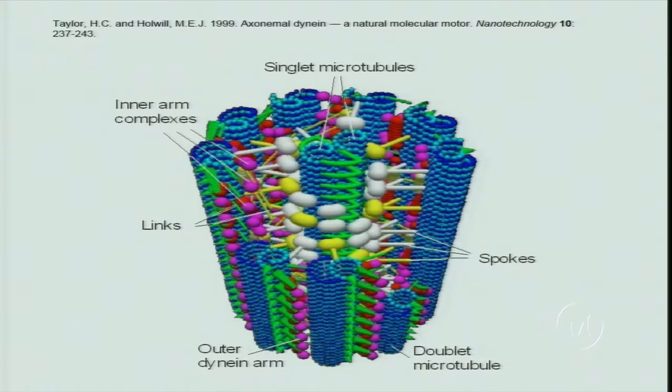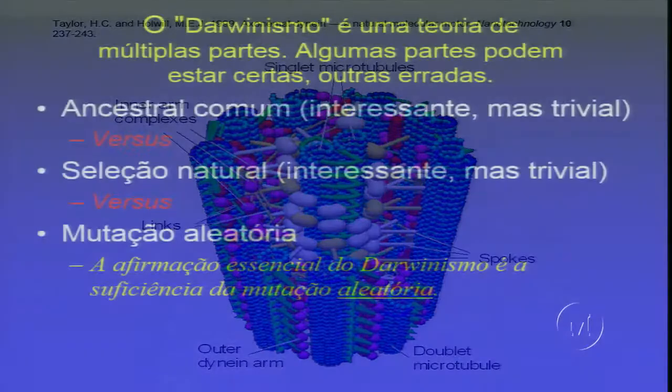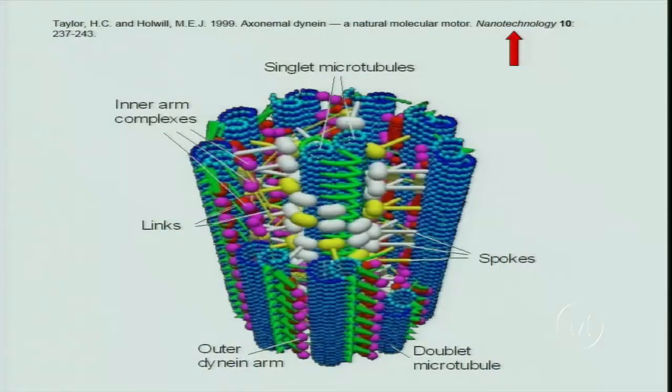But more than that, I wanted to show you where this picture was published. It was published in a journal called Nanotechnology. You know, McKenzie has a nanotechnology program where very smart scientists are trying to make functional small systems.